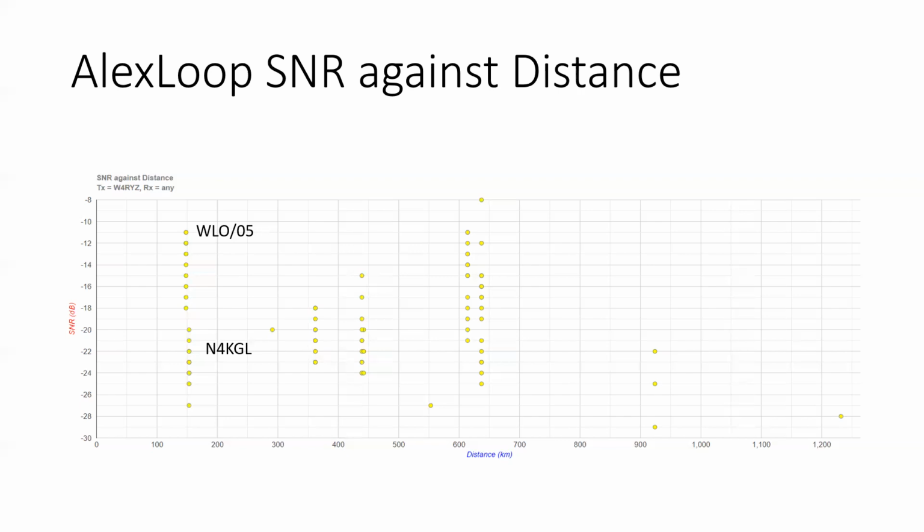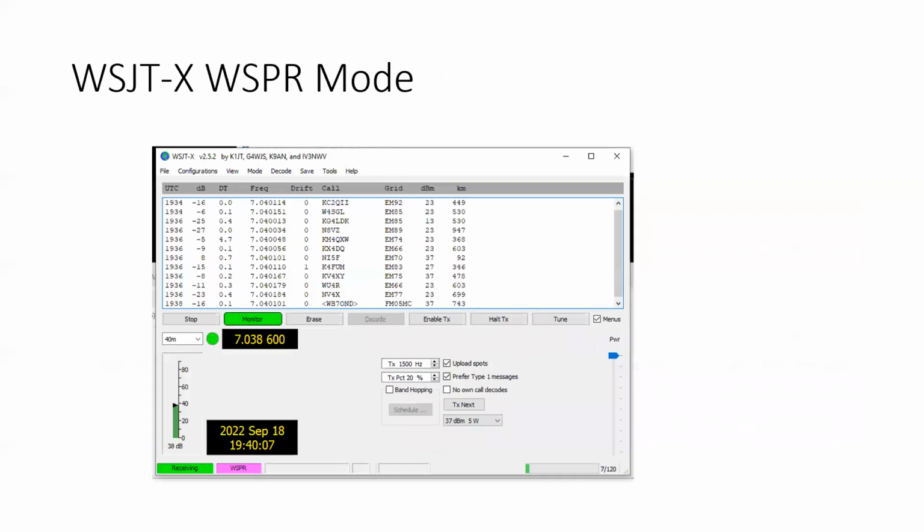Now there's one more dimension to this, and that is that here on my radio and computer, I was running the WSJT-X software while I was away, and it was listening and doing decodes.